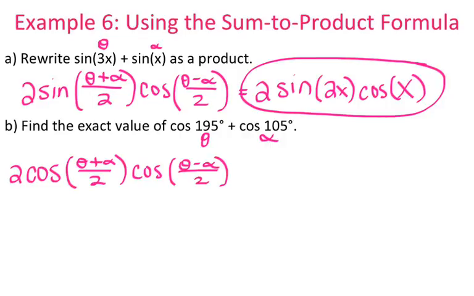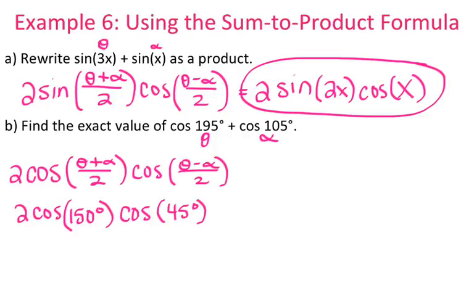And double check that I'm using the right formula, otherwise it defeats the purpose. Okay, so let's plug in what we know. 195 plus 105 is 300, divided by 2 is 150. And then cosine of 195 minus 105 is 90, divided by 2 is 45.